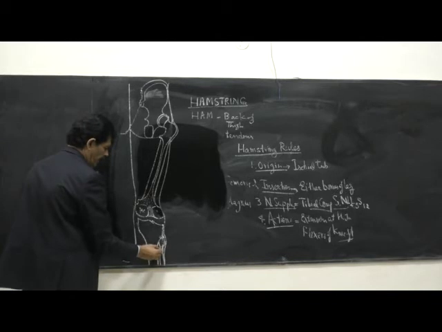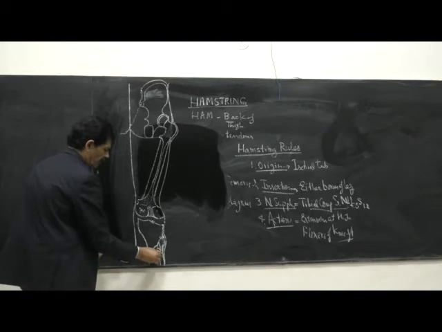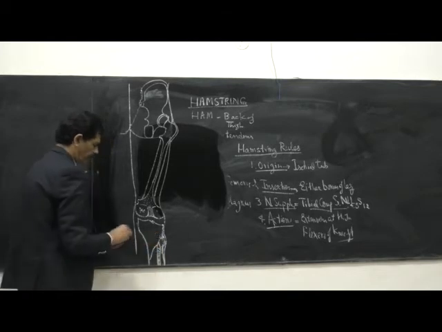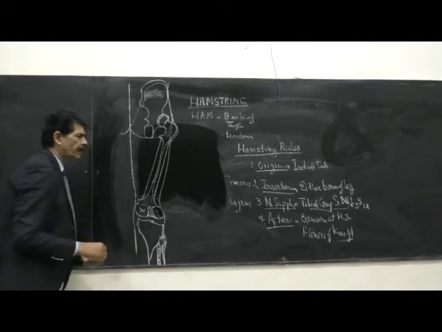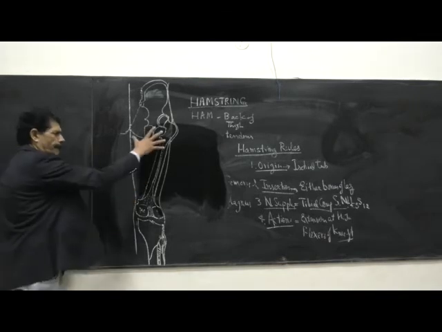And on the posterior surface of the shaft of the tibia, there lies a spiral line, that is the soleal line. And there is an interosseous membrane between the tibia and the fibula. So this is the backside of the knee joint. So hamstring muscles lie at the back of the thigh.